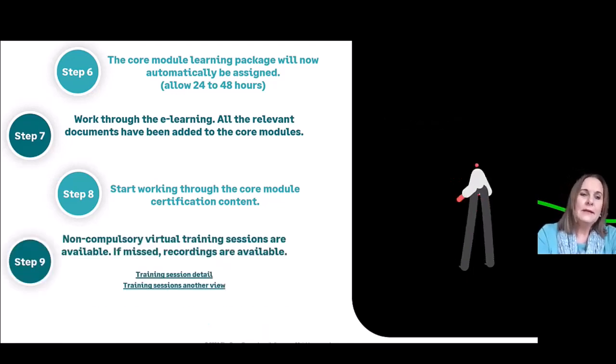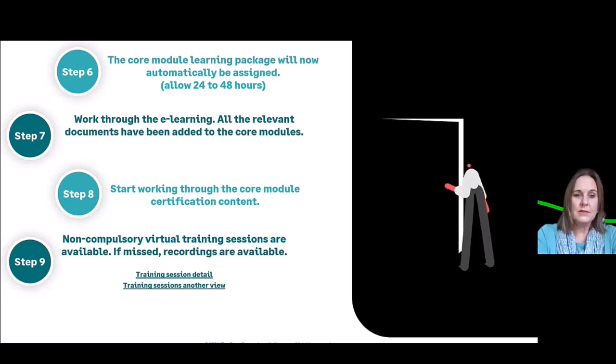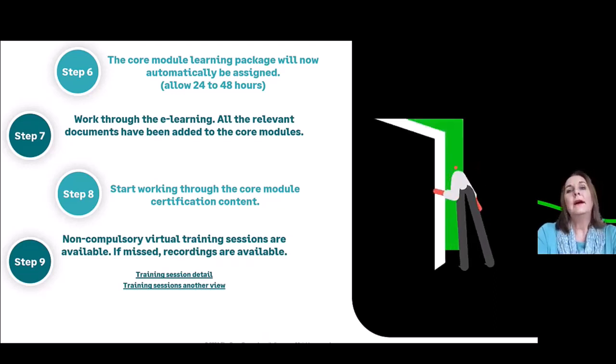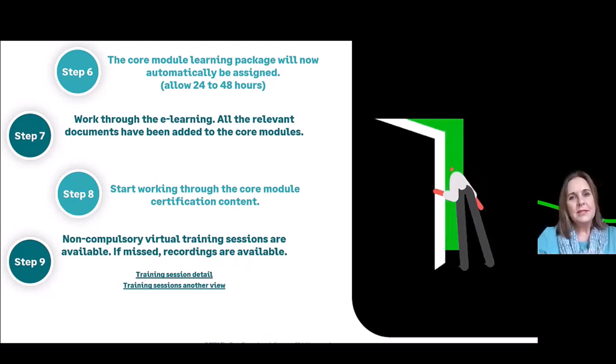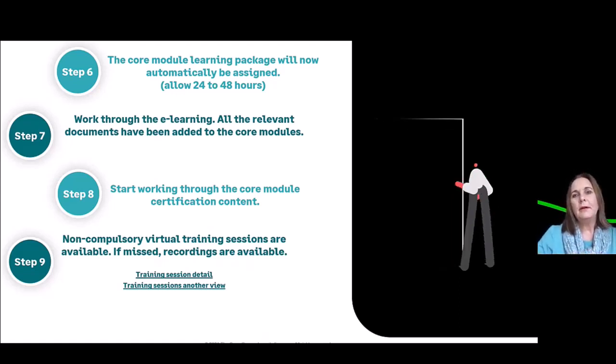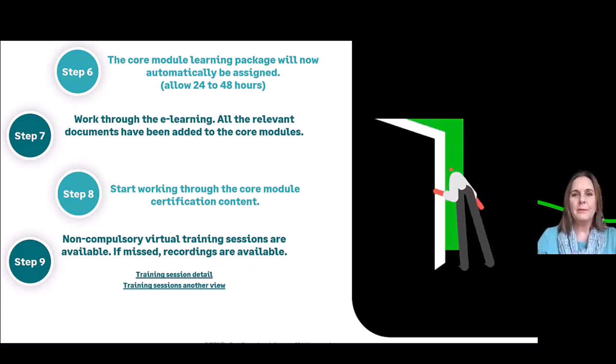Step 9 is about the non-compulsory virtual training sessions or contact sessions that are available. I've mentioned it before, but I want to spend a little bit more time on this. The number of training sessions differs depending on the product that you have chosen or the certification program that you are on.